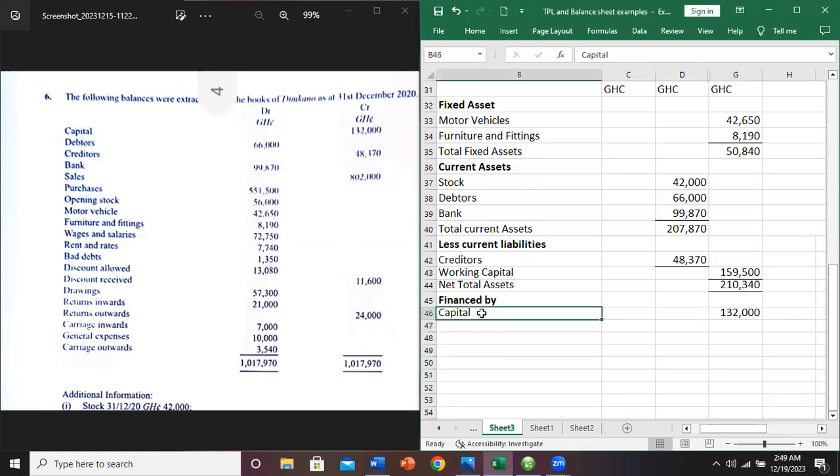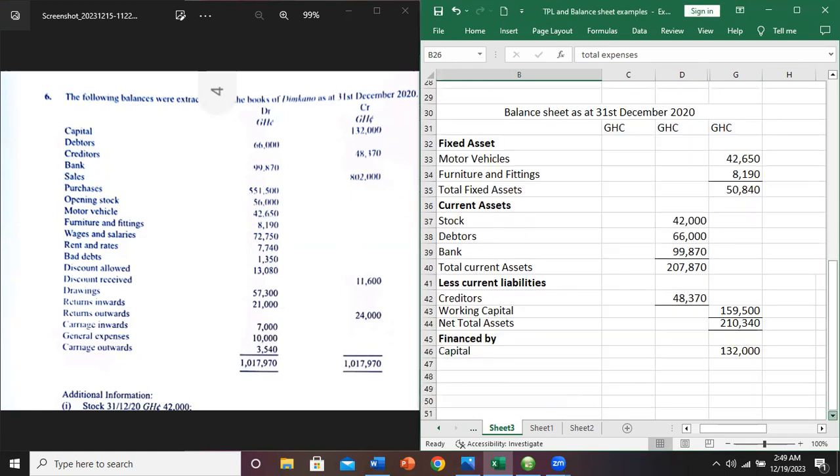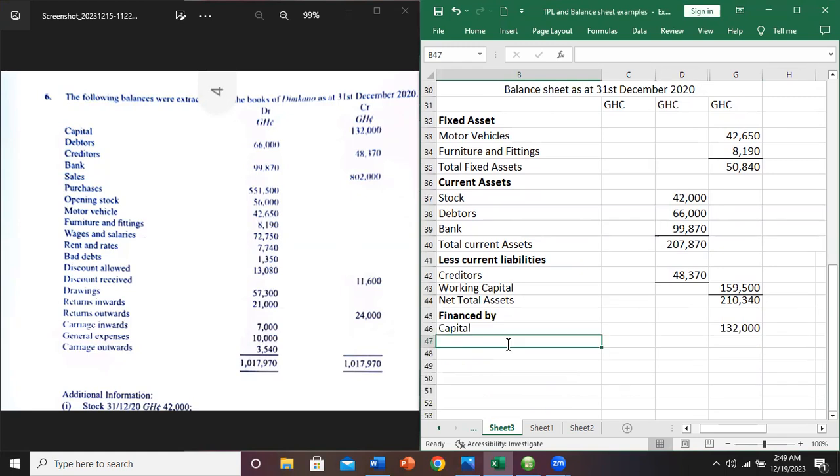Good. Then in this question, we had net profit. So let's check. Yes, we had a net profit of 135,640. So we are going to add that 135,640. So we add the net profit of 135,640.